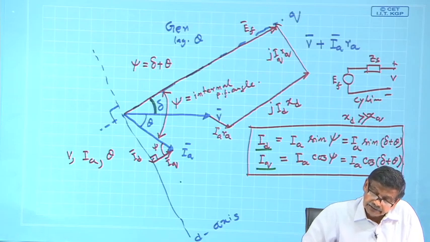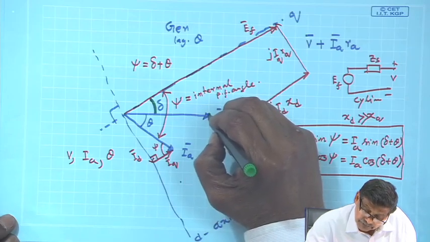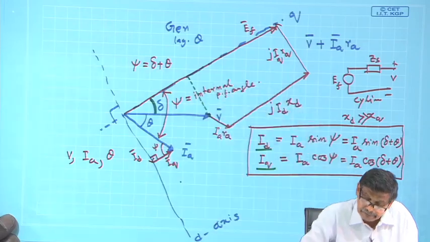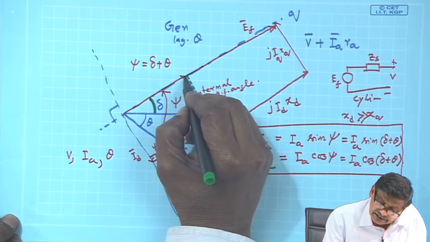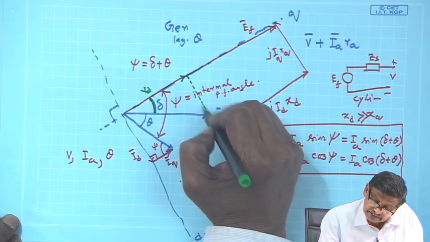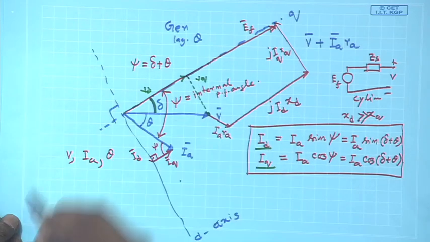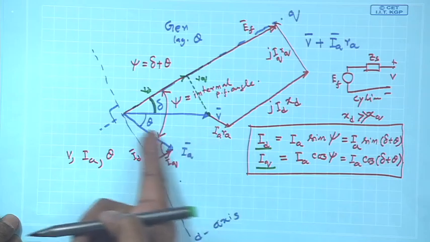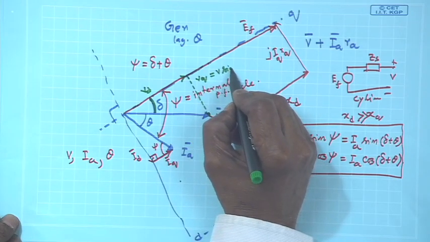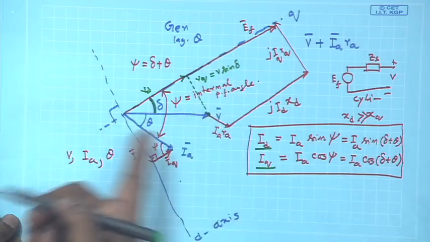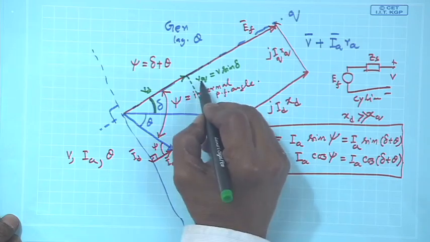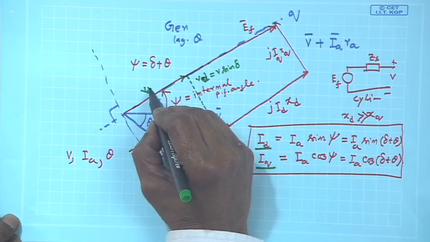Now, you see that from the tip of this voltage phasor, you drop a perpendicular there. Then I will say this is V D and this length is V q, and V q will be V sin delta. I am sorry, this is V D and this is V q.